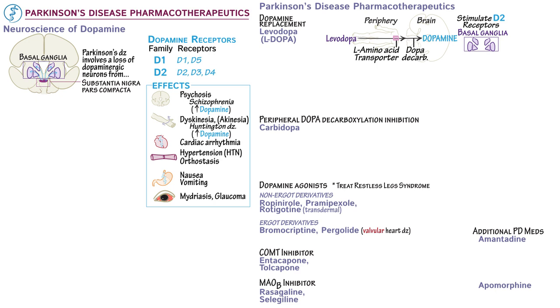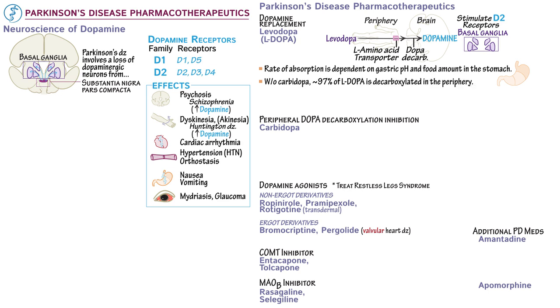Indicate that its rate of absorption is dependent on gastric pH and food amount in the stomach. Thus, it's commonly recommended that levodopa is taken greater than 30 minutes before a meal and with little or no protein. Indicate that without carbidopa, roughly 97% of levodopa is decarboxylated in the periphery. Thus, we'll see the importance of co-administration with carbidopa momentarily.